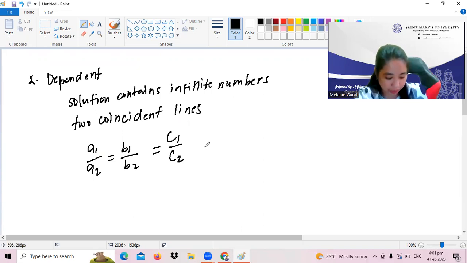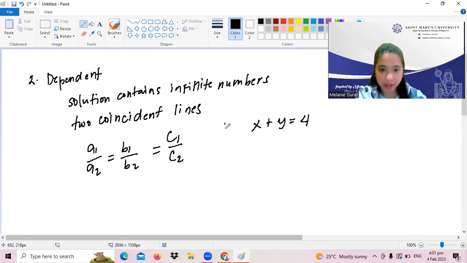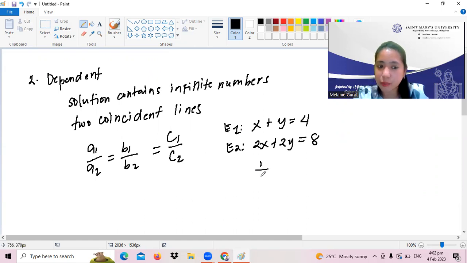So if we have here, for instance, x plus y is equal to 4, equation number 1. And for equation number 2, let's have 2x plus 2y is equal to 8. So if we are going to get a sub 1 over a sub 2, that's 1/2.